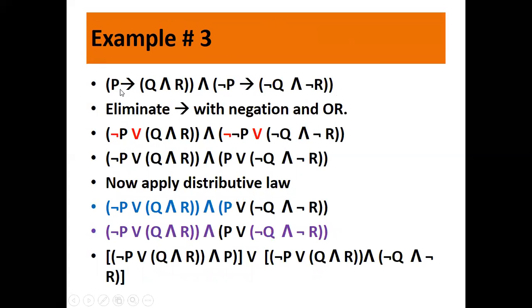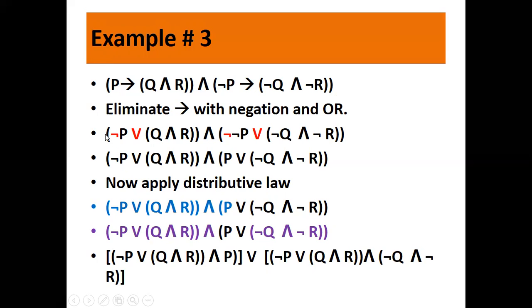Now what you have here is P implies Q and R, or negation of P implies negation of Q and negation of R. The very first thing, like all the other examples, is to eliminate the implication connective. Here you have two implication connectives, and they will be replaced by negation and the or operator.